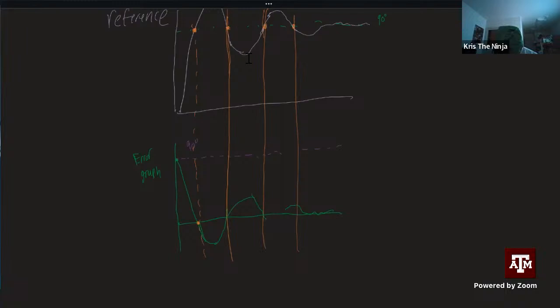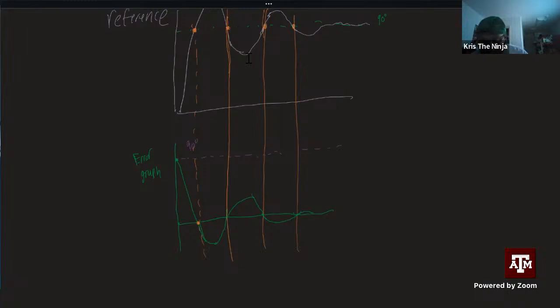Then this one should be crossing. So yeah, that's where it should be crossing, and that's how the error graph looks.